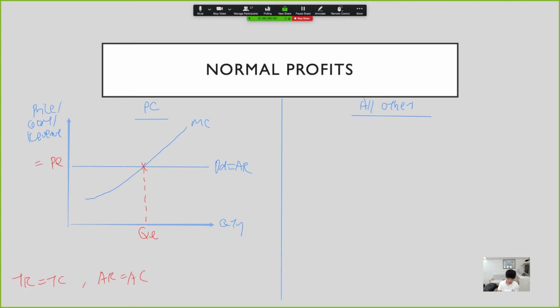So your price is also basically your AR, by the way. So if you want to draw normal profit, all you need to do is to draw in your AC curve such that it cuts here, so you have normal profits. So this is how your normal profit diagram looks like.